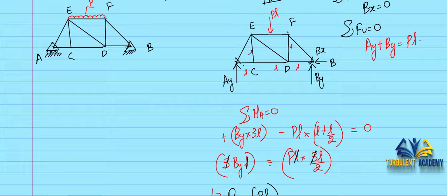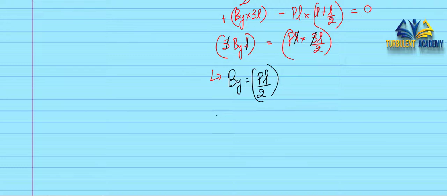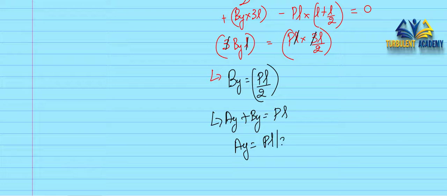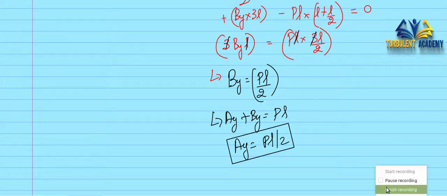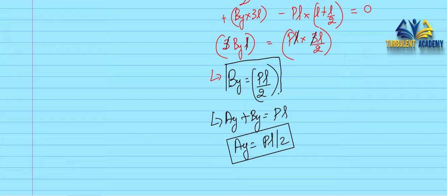Ay plus By is already known as PL, so Ay is also PL by 2. This is the one basic step. All our reactions, By and Ay, are PL by 2.